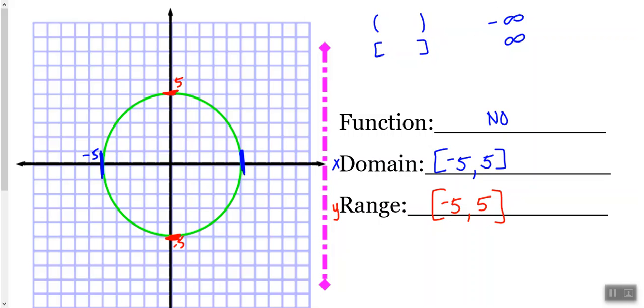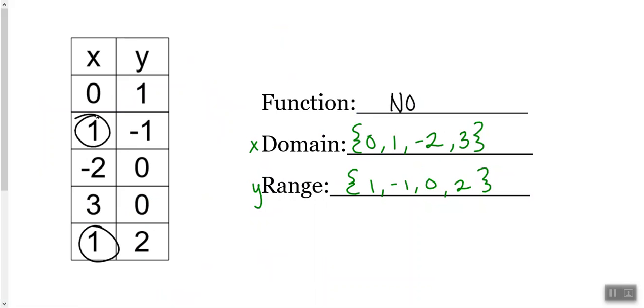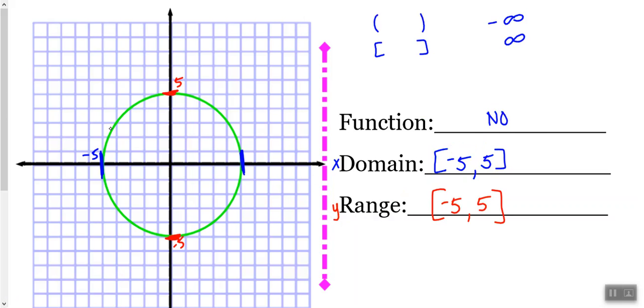When it's just a list of numbers, like in the previous example, which I'll go back to, that's when we get to use our squiggly lines, and we can just list it out. So table, list of numbers, use our squiggly lines. If it is a graph with a connected line, that's when we're going to be using infinities, parentheses, and brackets.